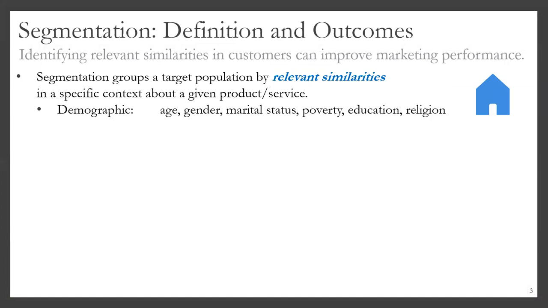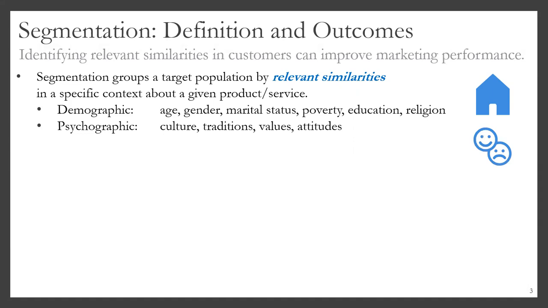So age, gender, marital status of an individual can affect how they desire or will pay for or perceive a product or a service. So those different demographics might be relevant to understanding how they might be thinking about a product or service. A little bit less tangible would be something like a psychographic characteristic, so the culture, traditions, values, or attitudes of an individual.